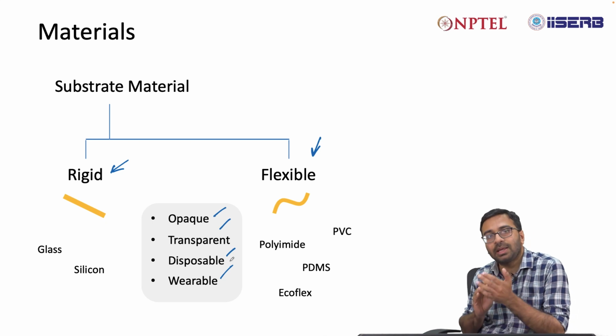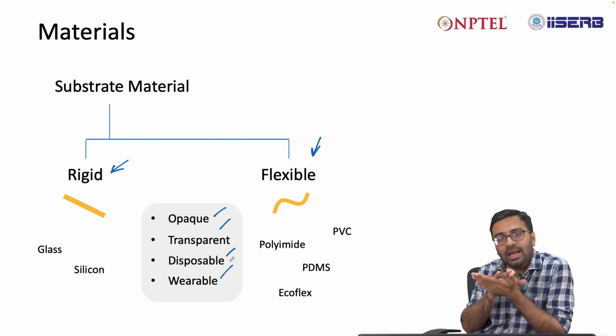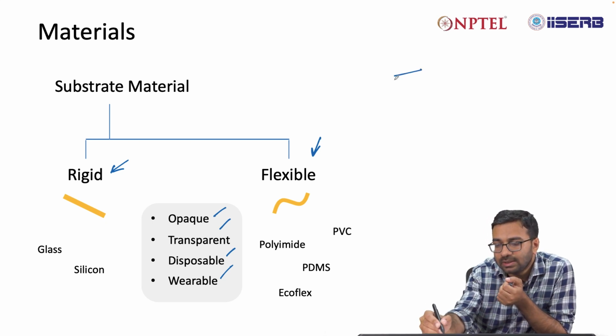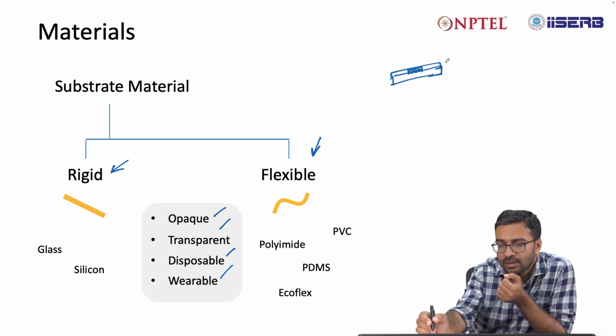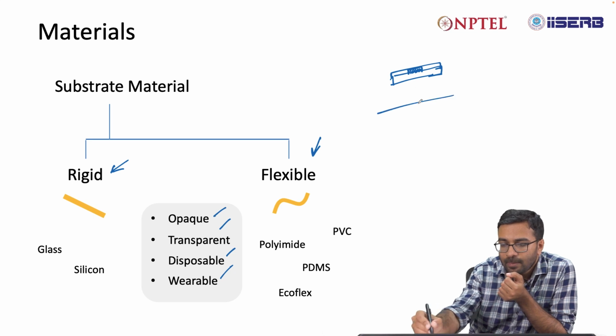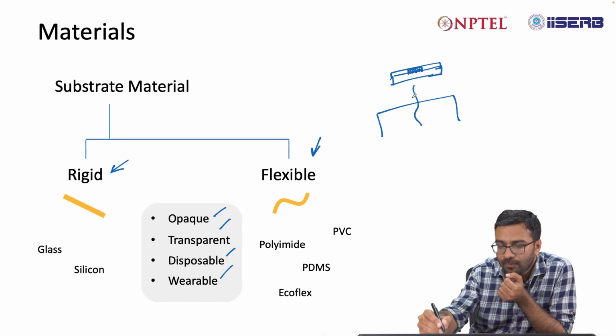For example, if you are making an optical sensor, say here I have taken a substrate, and on top of that there will be an optical sensor, right? And you are going to place the entire sensor upside down, or your optical signal will come from the bottom.